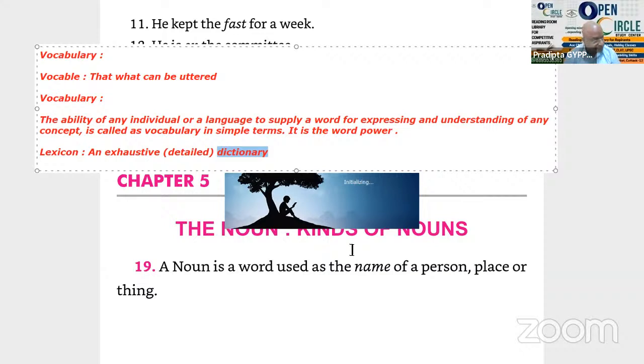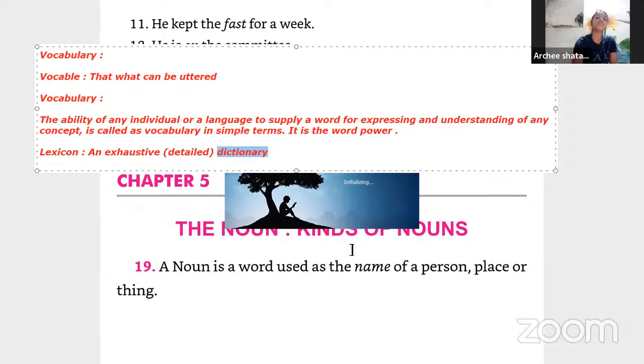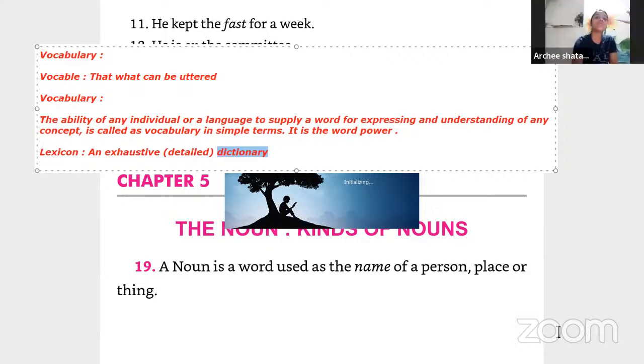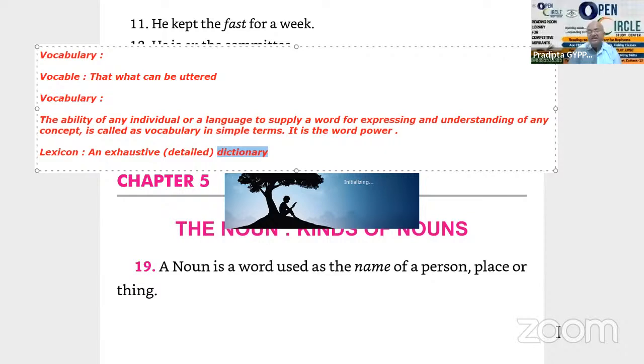Got it? You all must have a dictionary at home, right or wrong? Yes, sir. What is the name and publication of your dictionary? Is it Oxford? Yes, sir. Okay. So Oxford is a standard international dictionary. You must be using that.